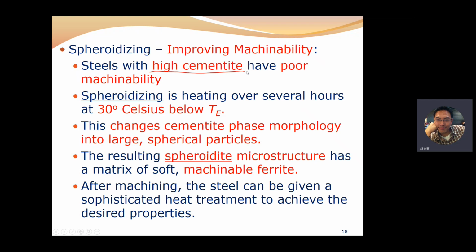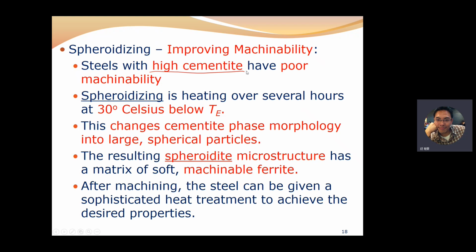So how do we modify its hardness or mechanical strength? Spheroidizing is one of the processes. It is heating over several hours at 30 Celsius below the equilibrium temperature, or say the eutectoid temperature.